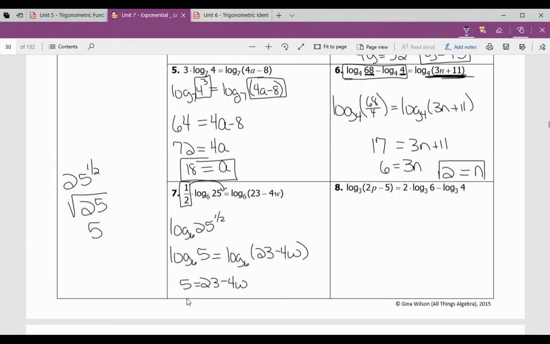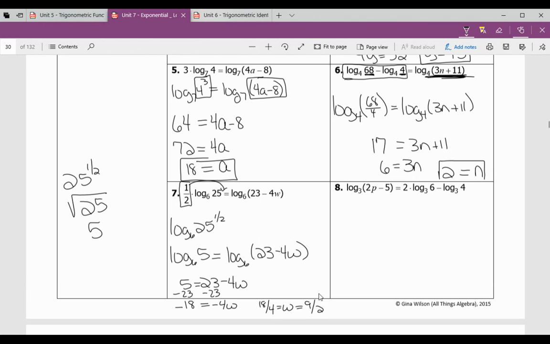When you subtract 23, you get what, 18? Yeah. Negative 18. Thank you. And when you divide by negative 4, you get 18 over 4, because negative divided by negative is positive, and that would reduce to 9 over 2.